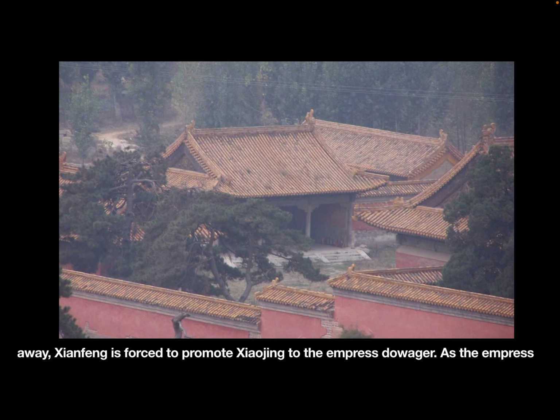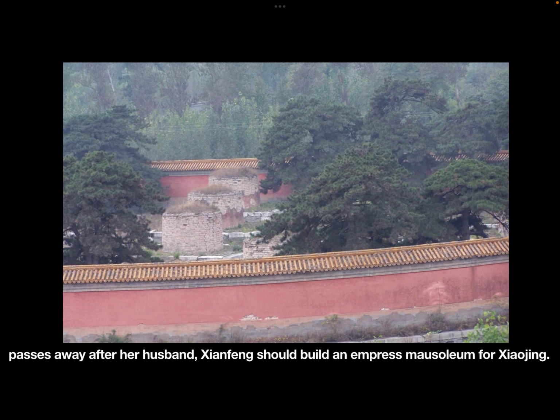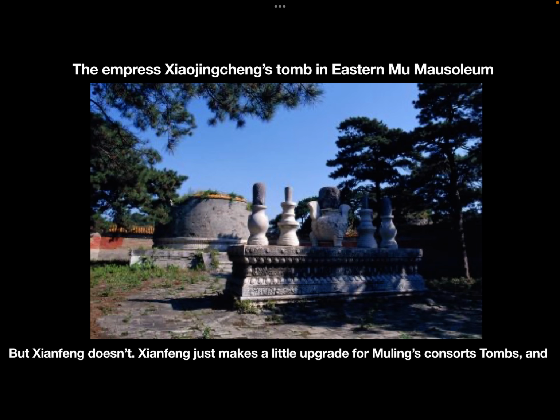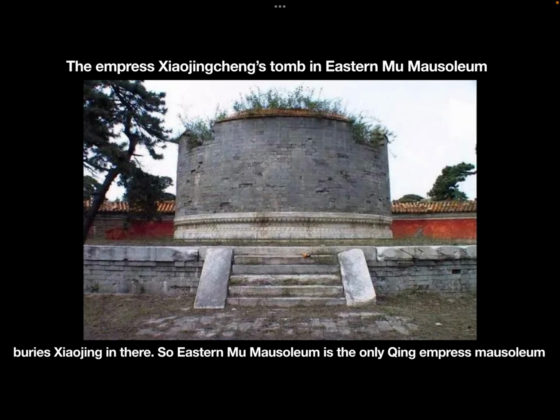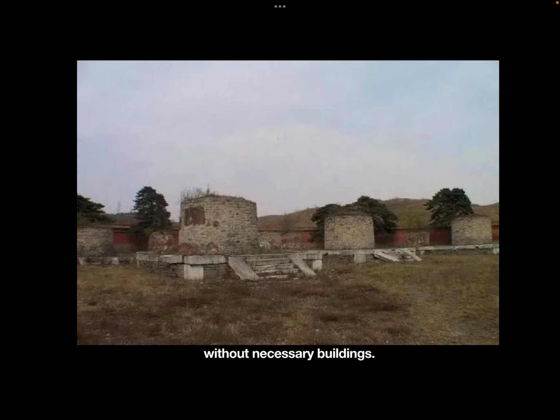Unfortunately, Xiao Muling is dead. They say Xiao Muling is not buried in the river Shenjing. So his preferred mausoleum is the only 2-emperor mausoleum.